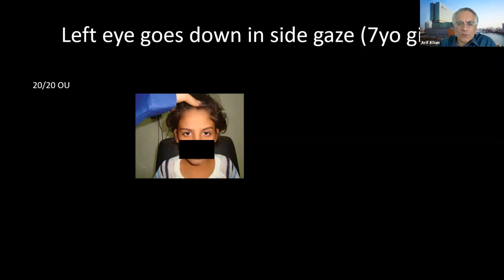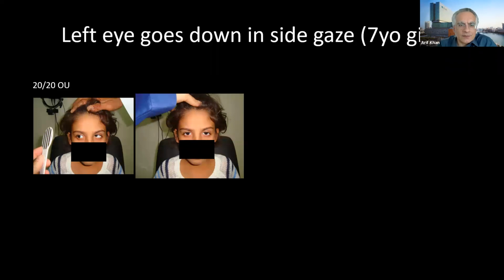This is a very quick one. Actually, I will go through it. This girl, the left eye goes down in side gaze. Okay. So here she is. When she looks to the right, you can see that the left eye goes up.